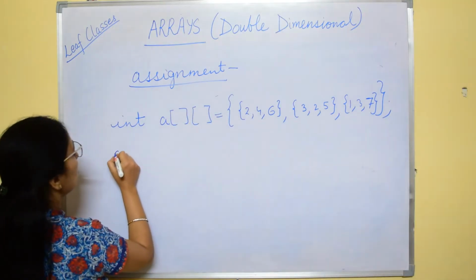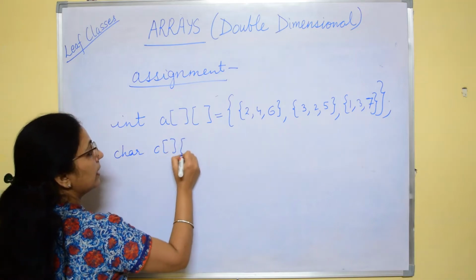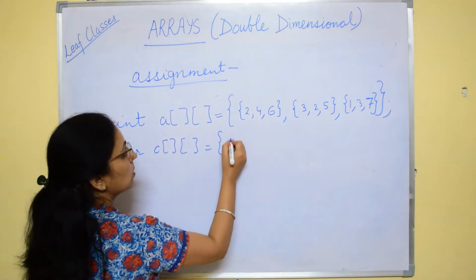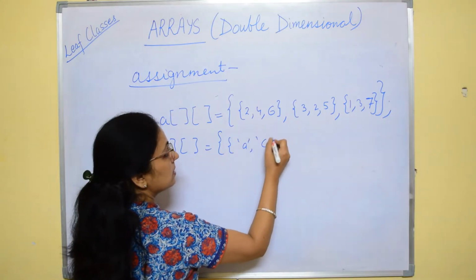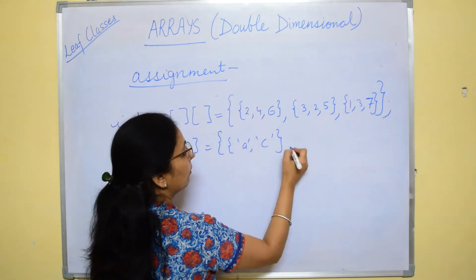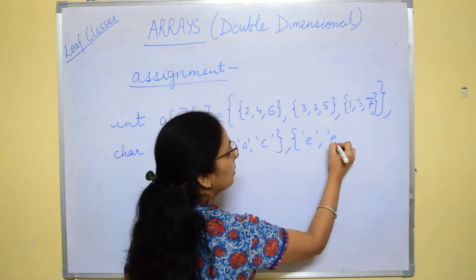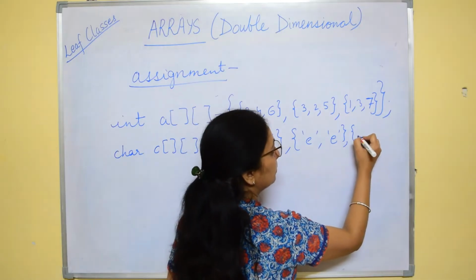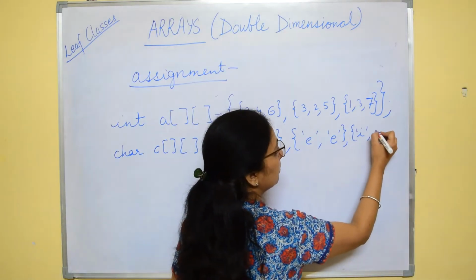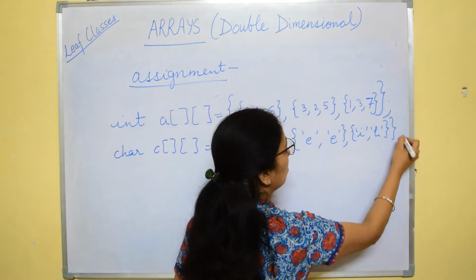Similarly, if you want to store character values, then you will enclose each character, say A, C, this is first row, second row and third row. Like this you can store.